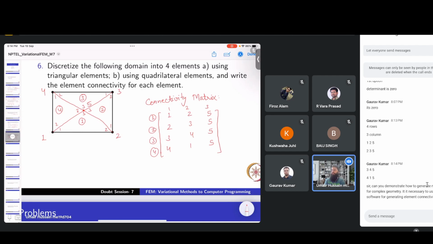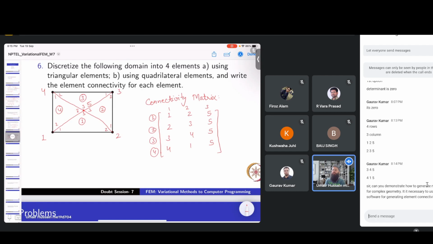It's not just Gmsh, there are multiple software that can do this for you. And in fact, for some standard domains, you can write your own code also. It's possible for certain standard domains. But for rather complicated geometry, it's much easier to do it using Gmsh.